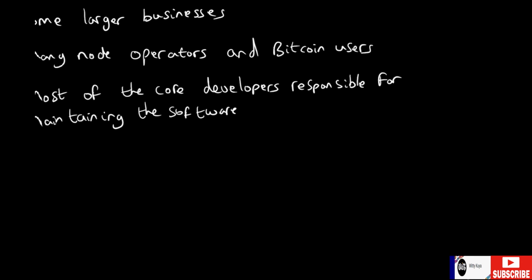So these issues do need to be talked about and do need to be ironed out, whether it's SegWit2x or some other alternative. So that's it for covering what SegWit2x is.